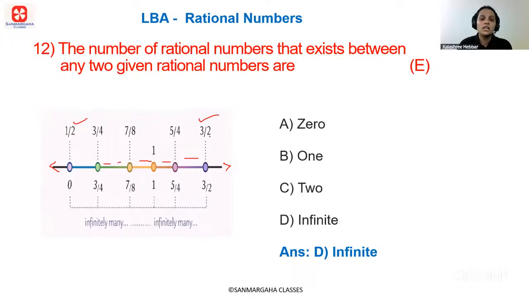So if you have any two rational numbers, in between those numbers there are infinite numbers. So there are infinite numbers that exist between the two given rational numbers. The correct answer is infinite.